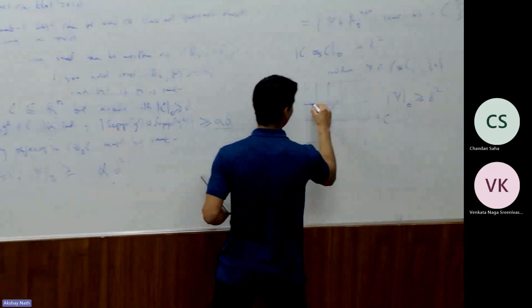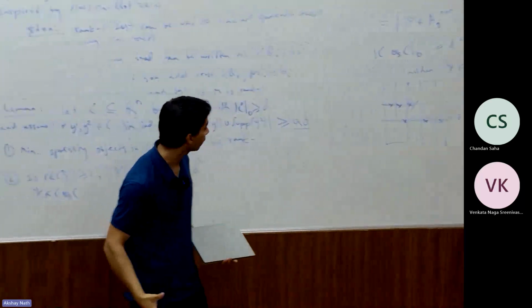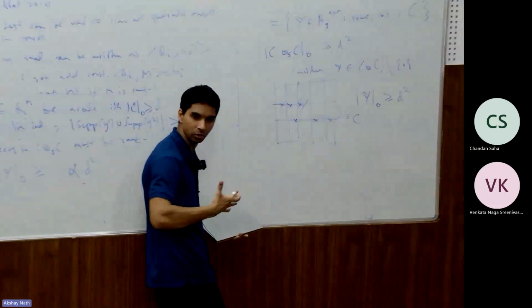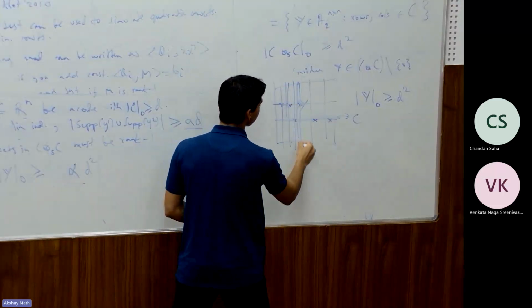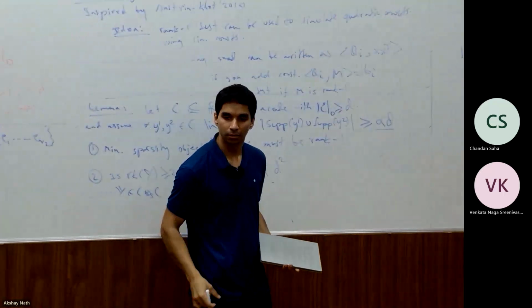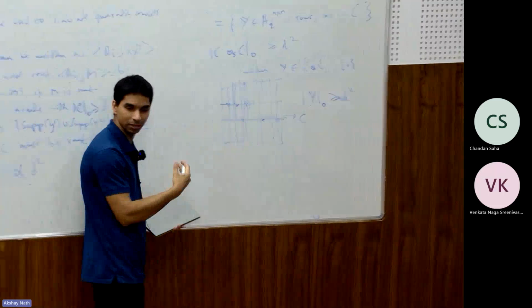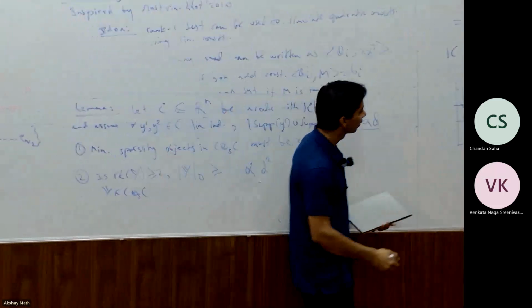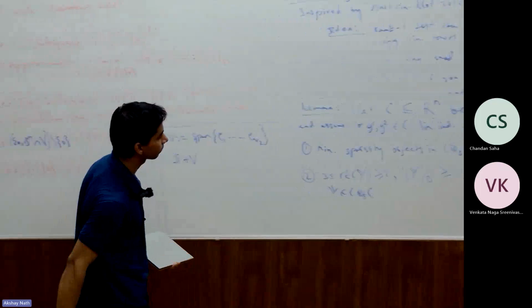So you'll have at least alpha d disjoint columns that are non-zero. And because each of those columns has d non-zero entries, you now have sparsity at least alpha d squared.